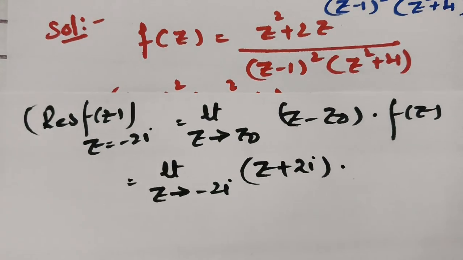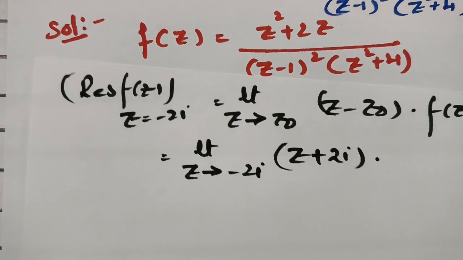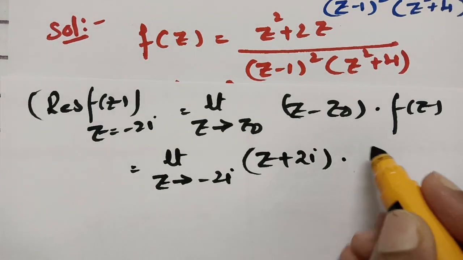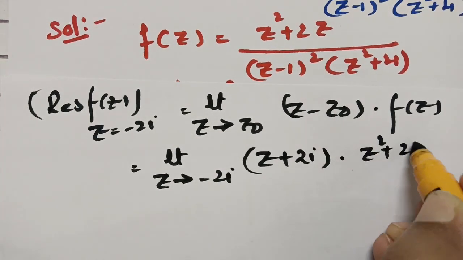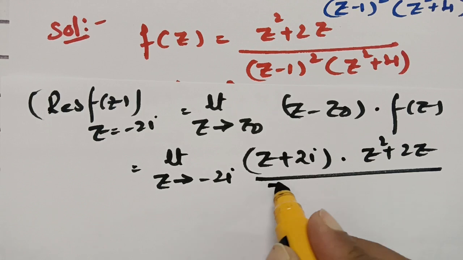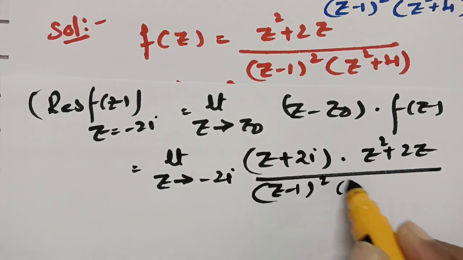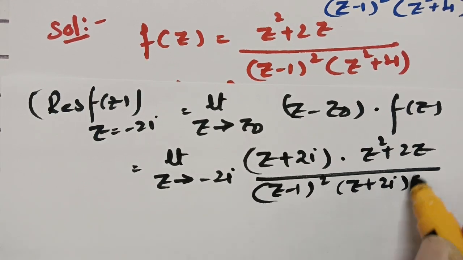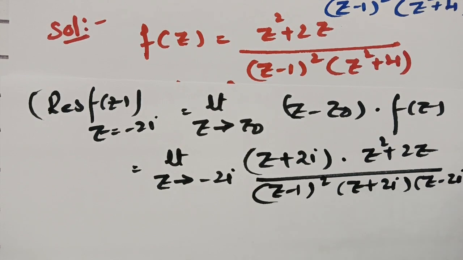So what is our f of z value? f of z is nothing but z square plus 2z by z minus 1 square into z plus 2i into z minus 2i.